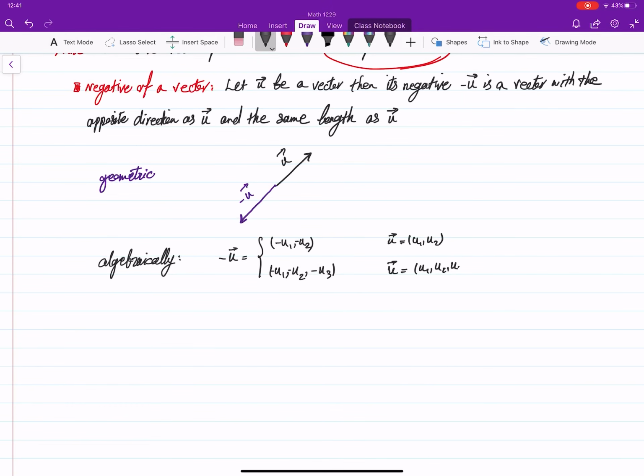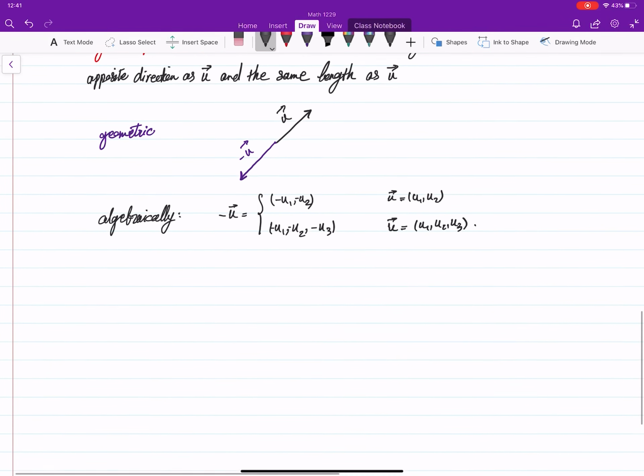With this in hand, you just keep in mind that negative means it is a vector in the opposite direction with the same length.